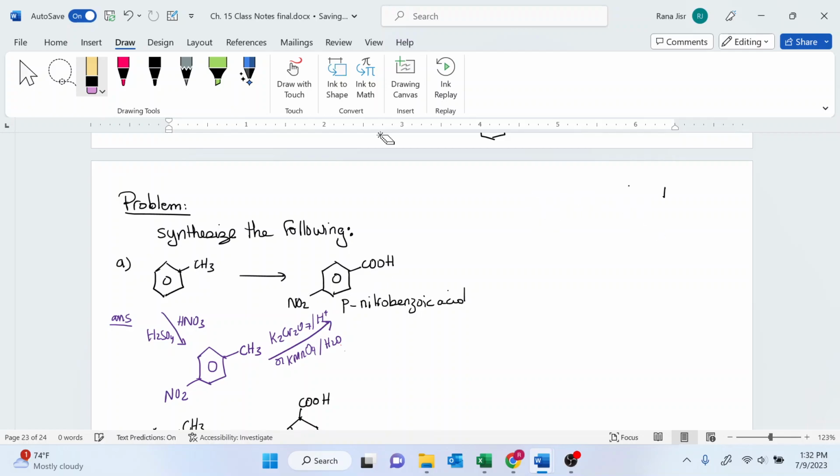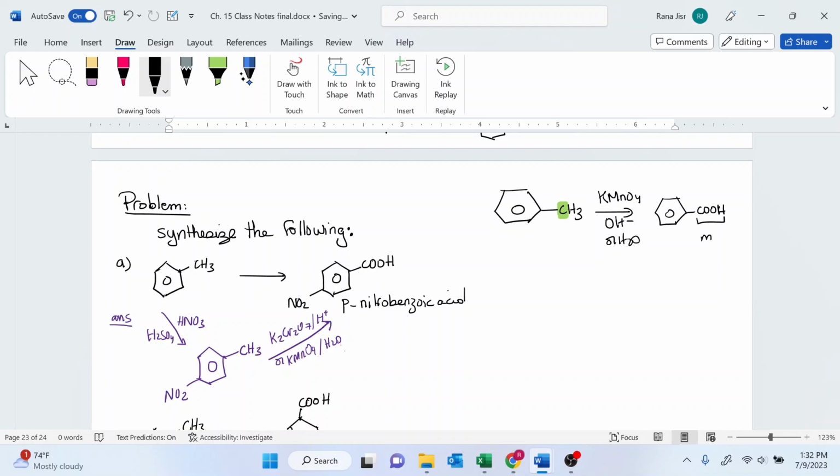We know that in order to get a carboxylic acid, this is the result of an oxidation of a benzylic carbon that has a hydrogen on the benzene. So if we're starting with a benzylic carbon that has a benzylic hydrogen, we can simply do oxidation with KMnO4 in presence of a base or water, and we can oxidize that carbon into a carboxylic acid.